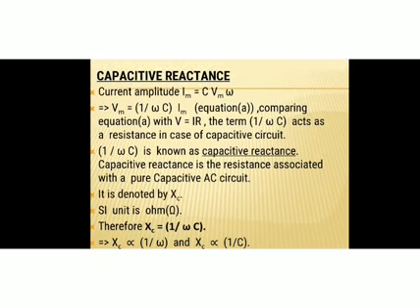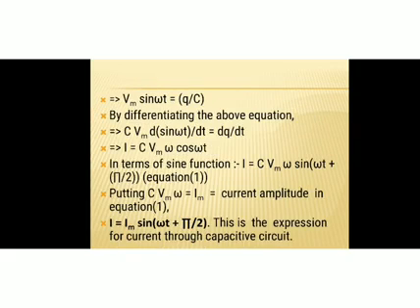Now, again we need to discuss the resistance in capacitive circuit, and the resistance in capacitive circuit is known as capacitive reactance. We had studied just now that current amplitude Im is equal to C Vm omega, because in the previous slide we put this substitution C Vm omega equal to Im.